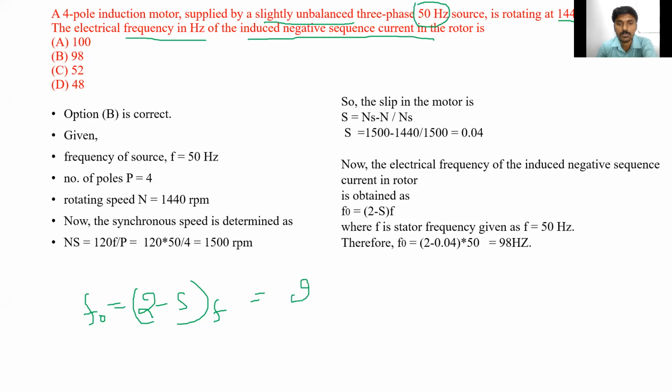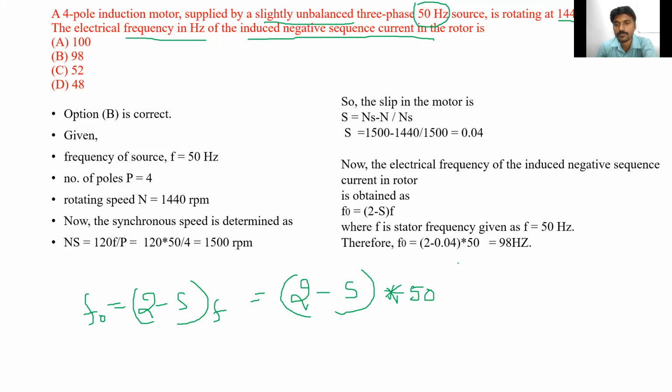So F0 is equal to (2 minus S) into 50 hertz. But he has not given any slip value, so we need to find the slip.